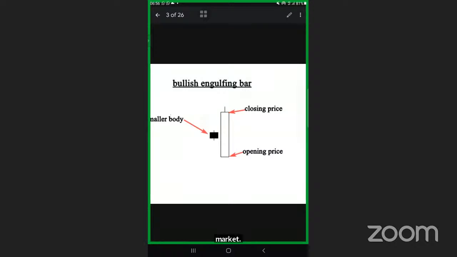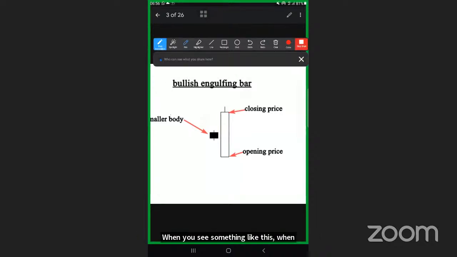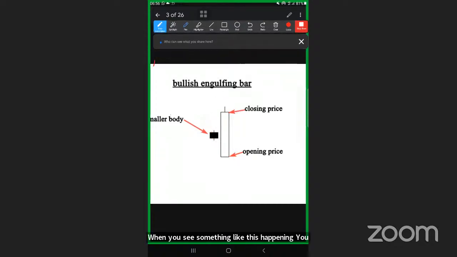So like I said, when you see something like this happening, you should understand that the market is coming from the top, and it is going to reverse to the upper side.